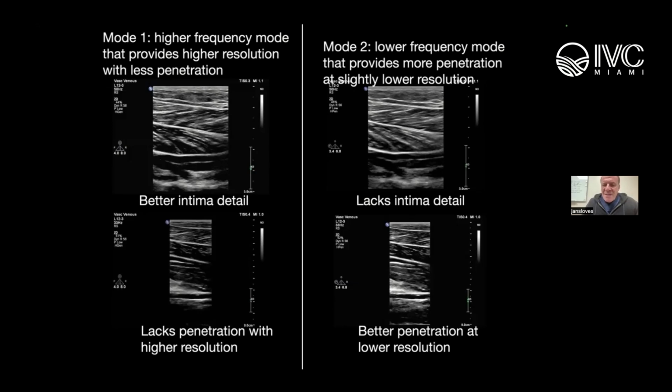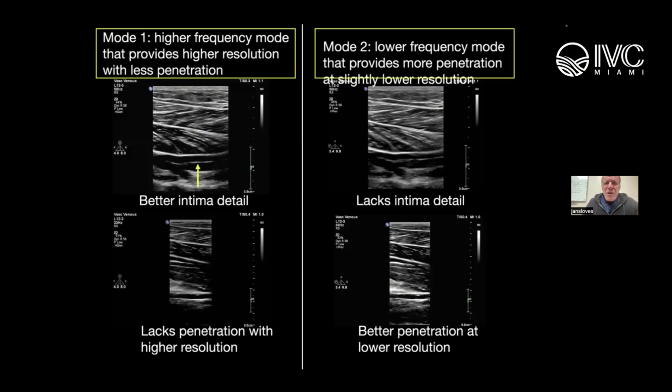When you analyze the images, what you can see very clearly is that with the higher frequency, you have much better intimal detail. You can see that very fine. In contrast, with the lower frequency, you're losing resolution, so we're lacking that intimal detail, and you can see how the intima breaks up.